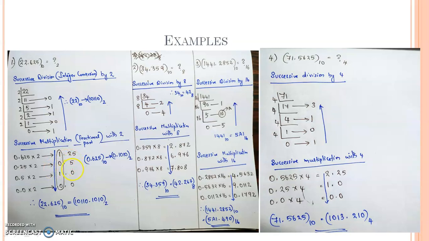Then you have to take the 0.5 part. 0.5 into 2 will give you 1.0. So now you got 0.0. 0.0 into 2 is 0.0. Now you have to take the digits in the order they arrive. So here it is 0.101. So 0.625 is 0.101 to the base 2.